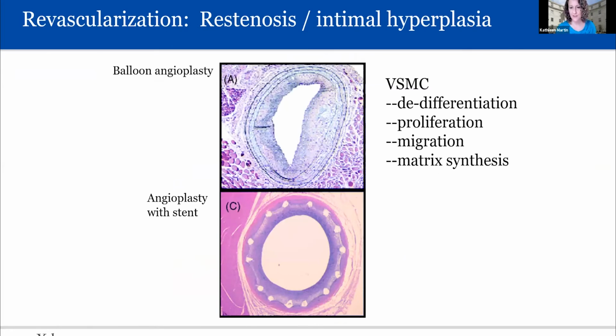The smooth muscle cells normally reside in the medial layer where they're differentiated and quiescent, but in response to mechanical injury and the inflammatory cells and platelets and the cytokines and growth factors that they produce at the site of injury, smooth muscle cells will de-differentiate, lose their repertoire of smooth muscle contractile proteins, become proliferative, and migrate into the lumen where they secrete excessive amounts of extracellular matrix that forms these intimal lesions.